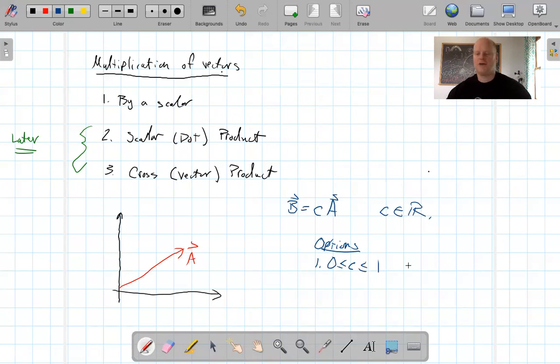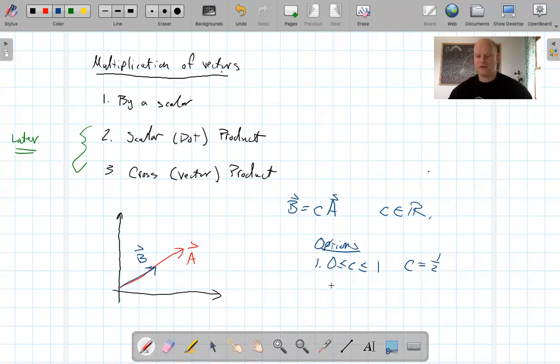As a concrete example, let's say C is simply equal to 1/2. So in this case, B is equal to 1/2 of A. What happens is that B is going to point in exactly the same orientation as vector A, except it's going to have half the magnitude of A. So it's going to be half the length of A.